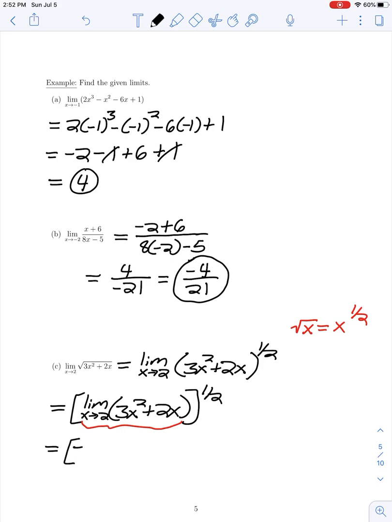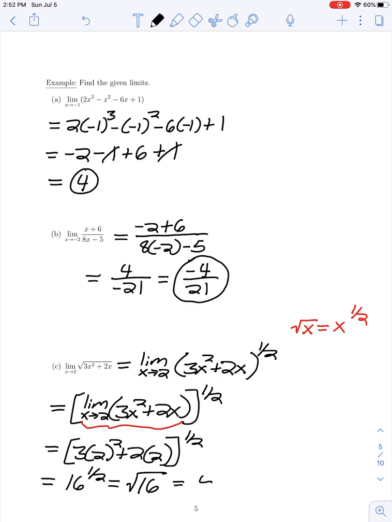So here we're going to have 3 times 2 squared plus 2 times 2, all being raised to the 1/2 power. So that leaves us with 12 plus 4 is 16 raised to the 1/2, or in other words, the square root of 16, which is 4. All right.